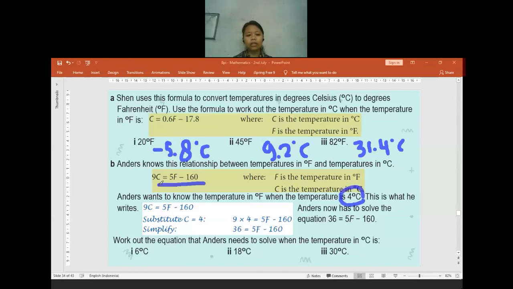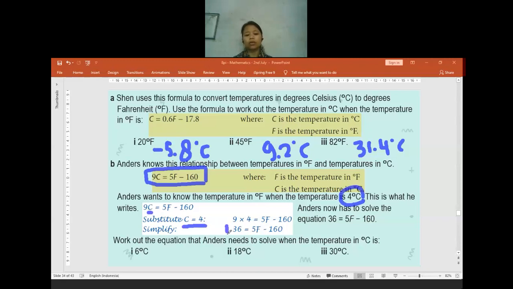We just need to replace the value of temperature in Celsius. So we can substitute the value of C with the number 4, because here the temperature is 4 degrees Celsius. After that, we just need to simplify. 9 times 4 is equal to 36. So the formula will be 36 is equal to 5F minus 160.